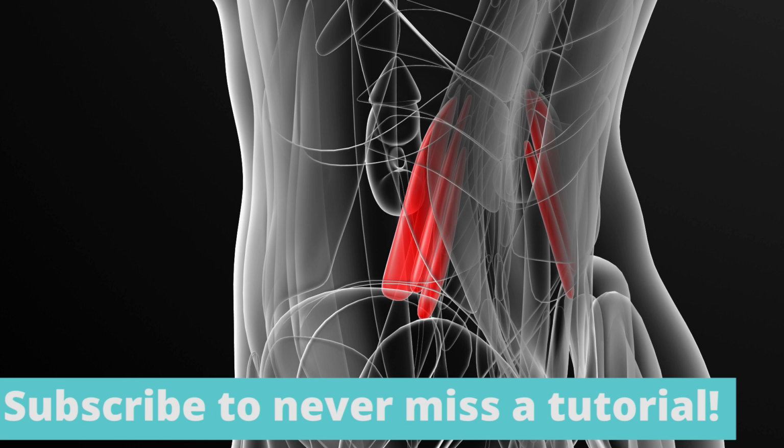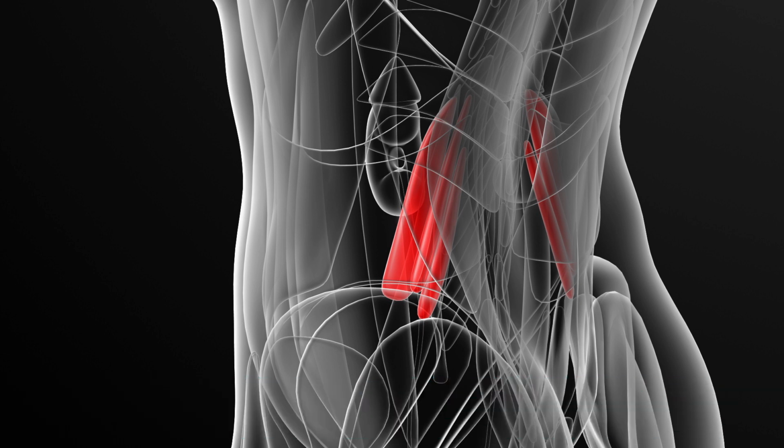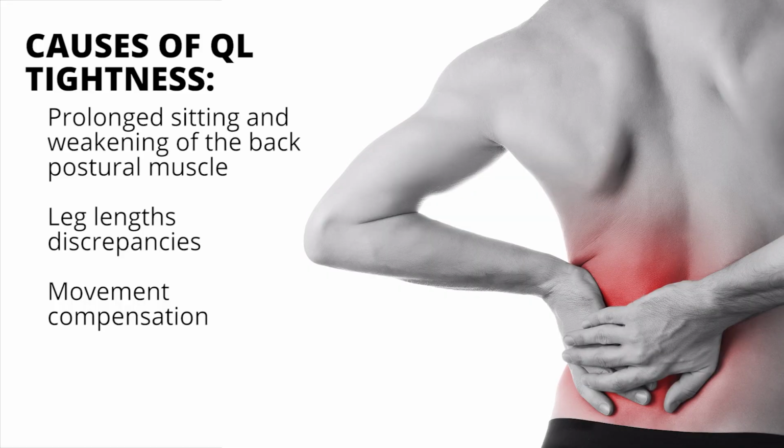I have a detailed blog post below this video where I share step-by-step tips on how to avoid compensation and overactivity of this muscle. Overall, it's usually prolonged sitting, which weakens the back postural muscles and leads to compensation, as well as certain activities, like overusing this muscle through compensation with exercises, that can also result in tightness of the QL.